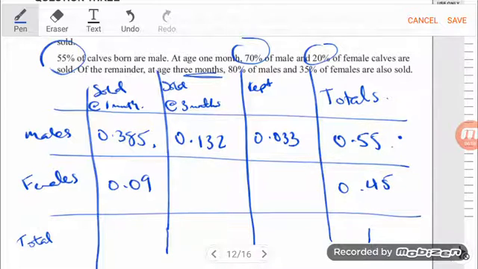And we better check our totals. 0.385 plus 0.132 plus 0.033 gives us 0.55. That's brilliant.